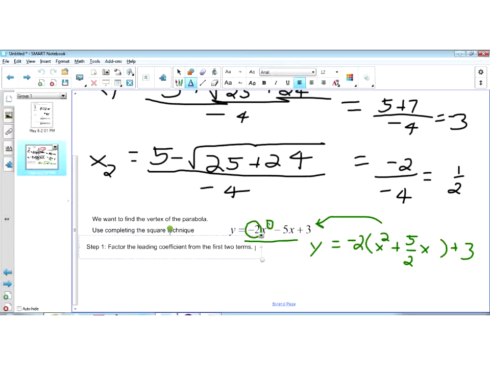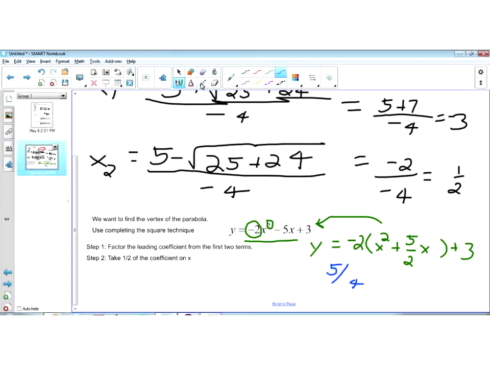All right, so now what's next? Step 2, take 1/2 of the coefficient on x. In this case, the coefficient on x is 5/2, so taking 1/2, we get 5/4.